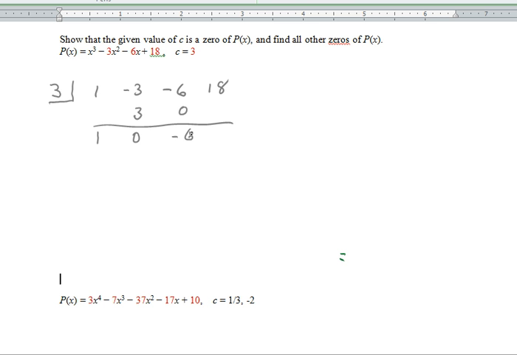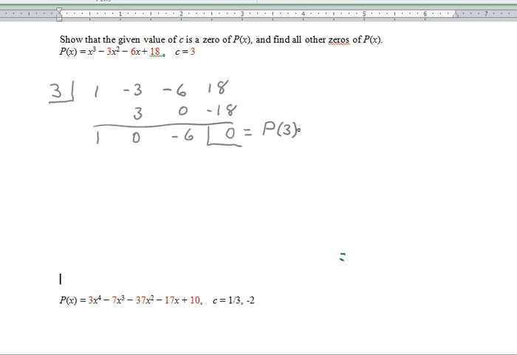And negative 6 times 3 is negative 18. Adding 18 with negative 18, we get 0 as expected, because p of 3 must equal 0.